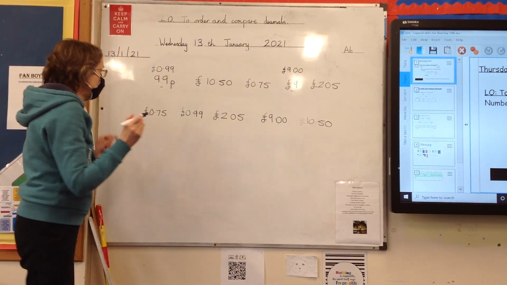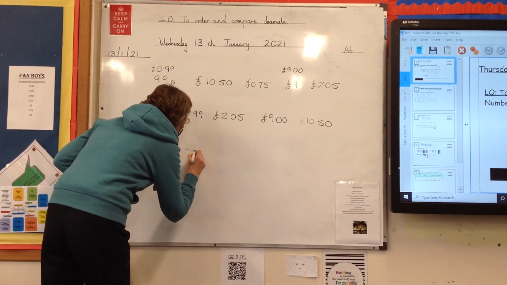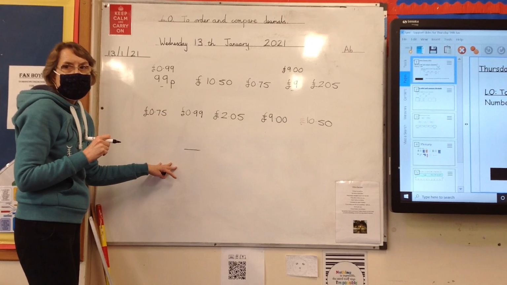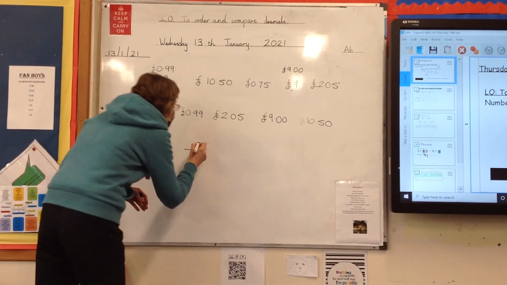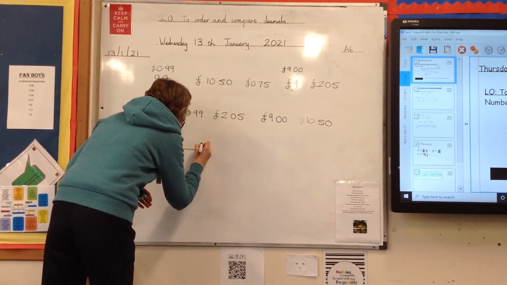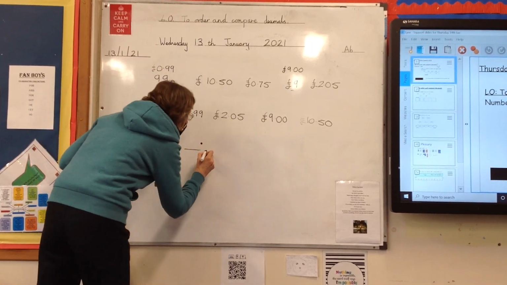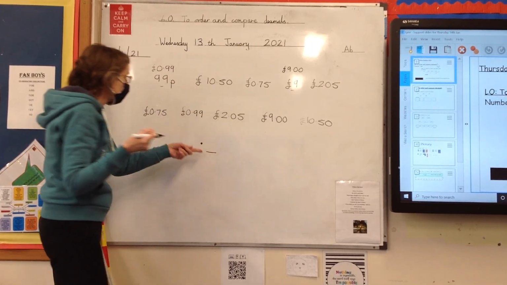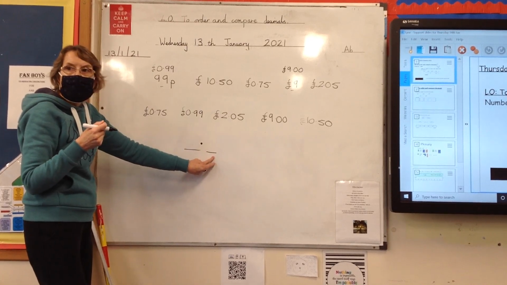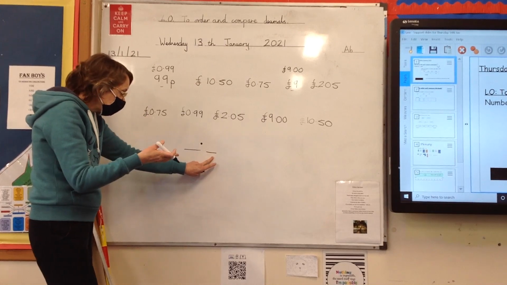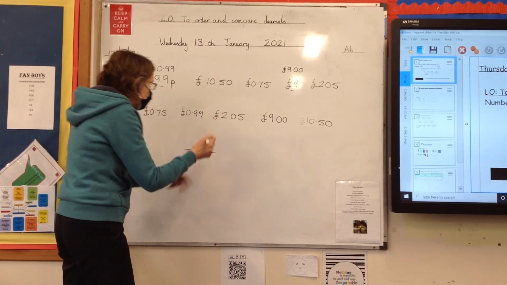So let me just recap. The golden rule. Have a look at the whole numbers and use those first. Then, when you've got as far as you can with that, look at the first column after the decimal point, which of course we know is the tenths column, because that's going to be the biggest of the decimals, and order those.